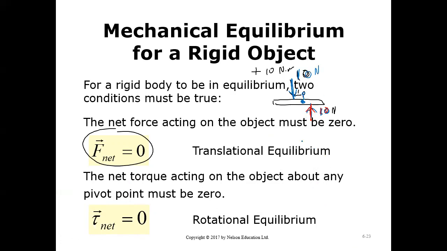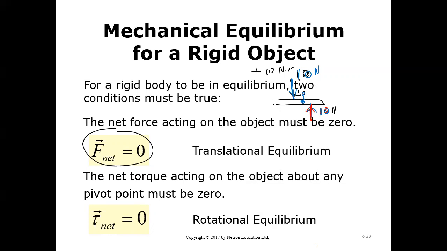Both are 10 Newton and say this is 1 meter distance to the pivot point. The blue 10 Newton is trying to rotate it counterclockwise. The red 10 Newton is also trying to rotate it counterclockwise. They are not going to cancel. So the net torque is 20 Newton meter because 10 plus 10.